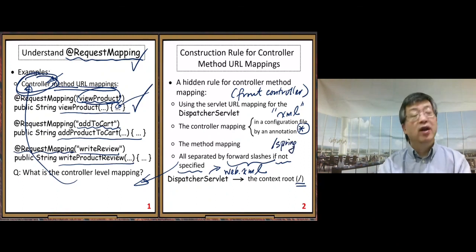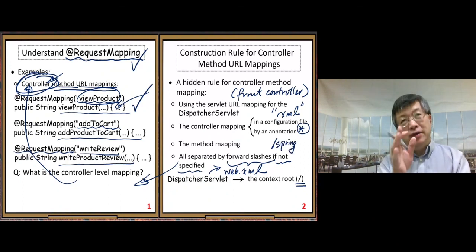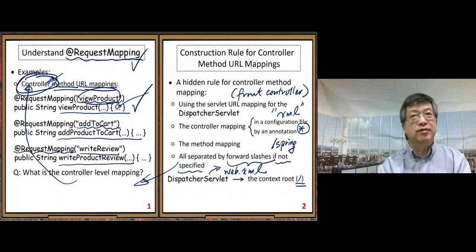Think about it: in one server, we may use two different frameworks, one Spring and another, for example, Struts, another MVC framework. In that case, it's not good to use just /. So we want to specify the framework name, /Spring.